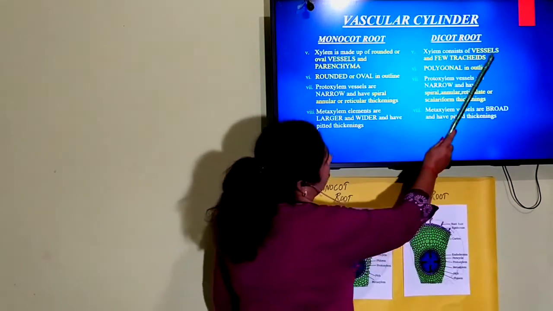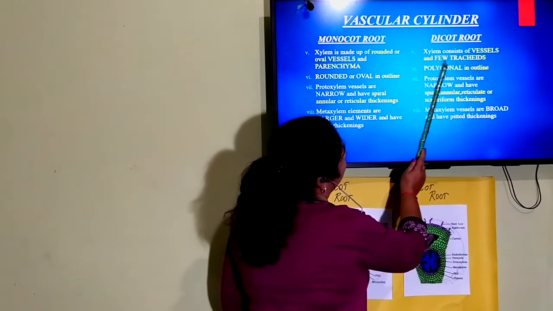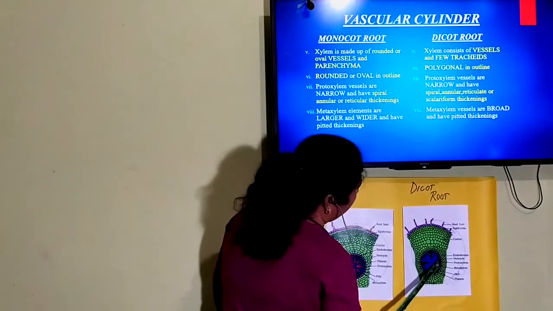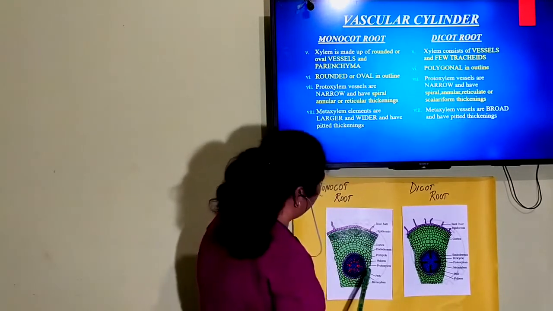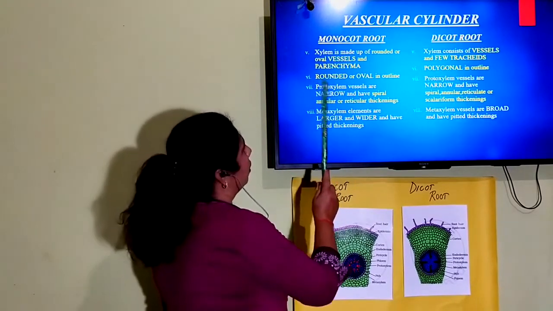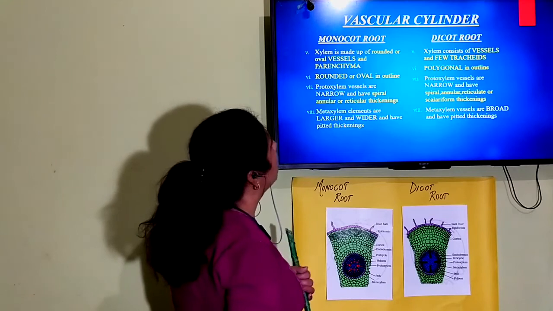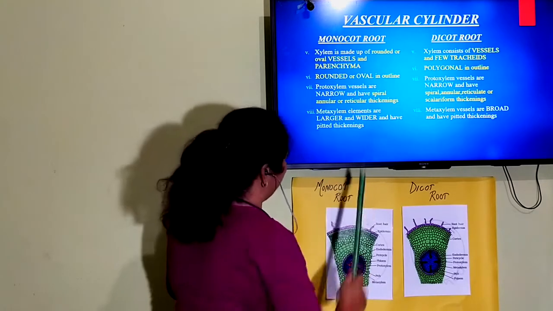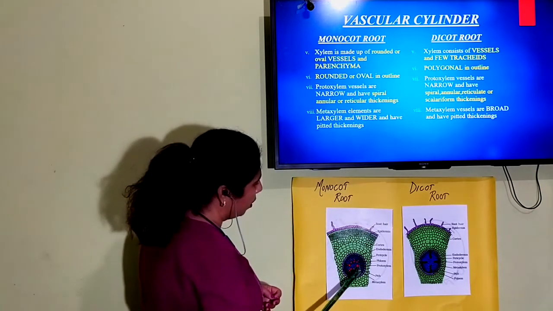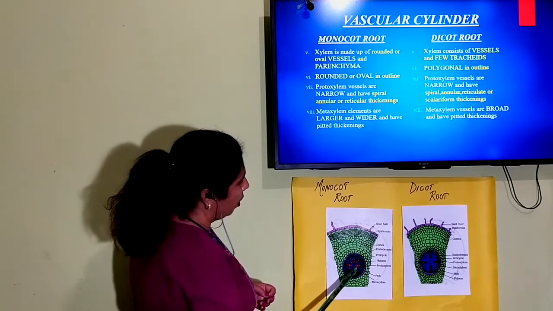Xylem consists of vessels and few tracheids. Here, xylem is smaller. Here, it's very conspicuous. Then the next point, rounded and oval outline is shown. It's very clear.